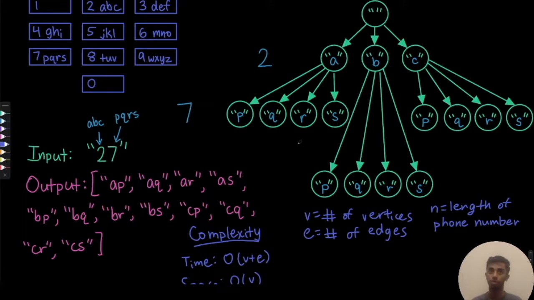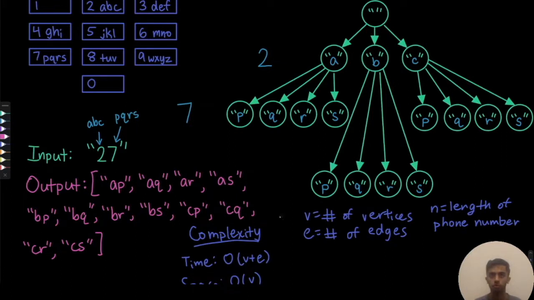The worst case scenario is that every single digit is a 7 or a 9, because these 2 digits map to 4 different letters. So you can imagine that if all we had was 7s and 9s, we would be doing 4 times 4 times 4 times 4 up until n.